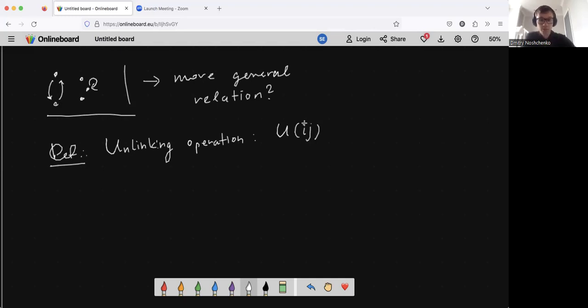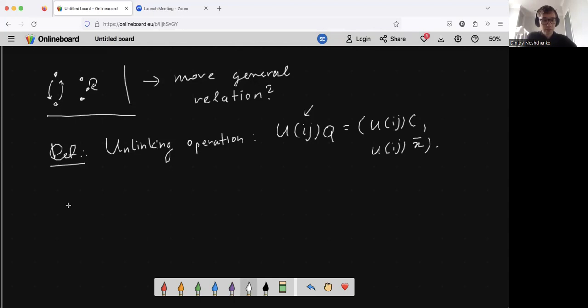So this ij would be the nodes of the quiver which we unlink. And this acts on a quiver Q, and one can write it separately as some modification of the adjacency matrix. One thing, and the second thing is, of course, the modification of the vector of variables, which I will write like this.